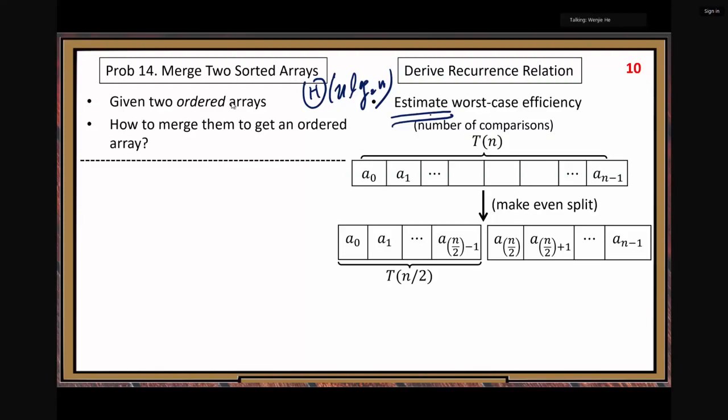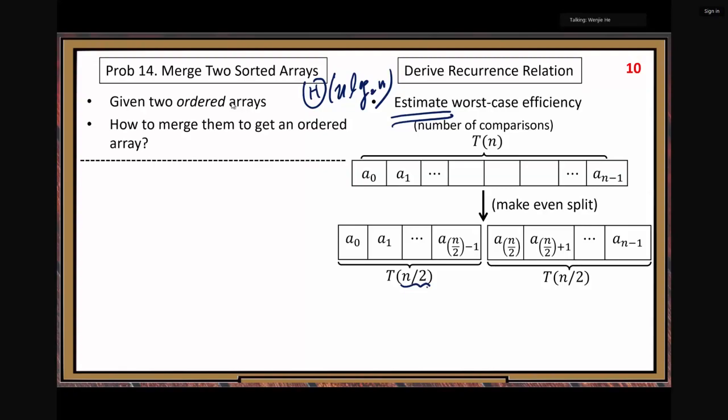We do approximation, because this number is very close to the accurate number. So close, we don't worry about the small difference. So two subproblems, T of n over 2, but we need to do it twice. That's the cost.